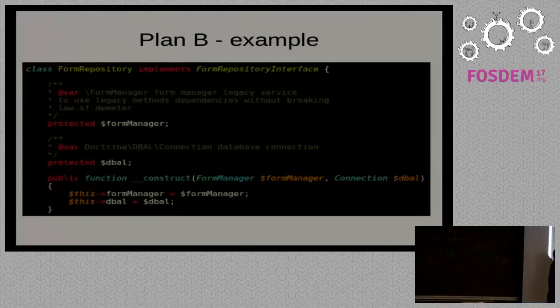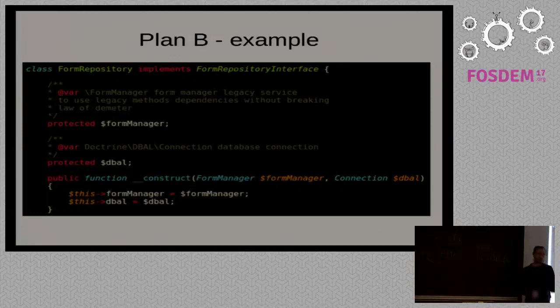is, okay, that's my new service. That's a repository. It does one thing, interaction with database. So single responsibility, we're okay. I inject the form manager, which was a big legacy file, which does almost everything. And so if I have some methods that I moved that have dependencies on other methods of the form manager, I don't have to replace all in one deployment.